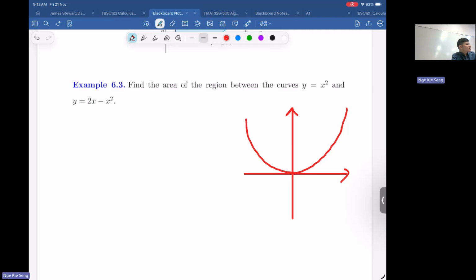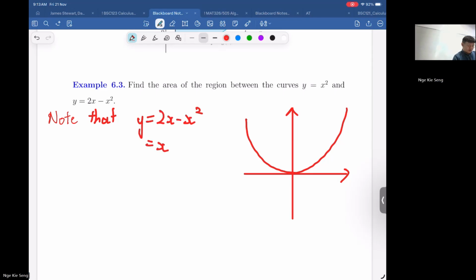One way to graph this is to start by finding the roots. We can rearrange the equation such that we get x times (2 minus x).